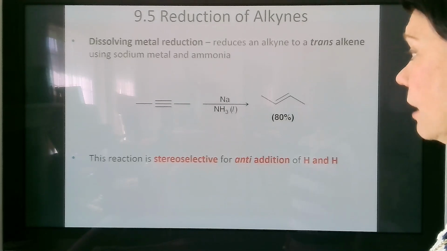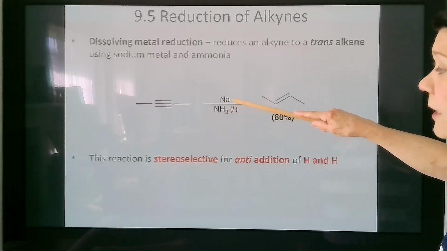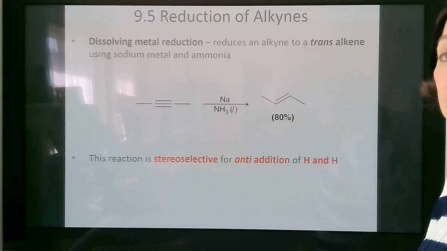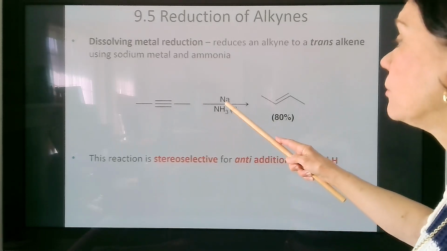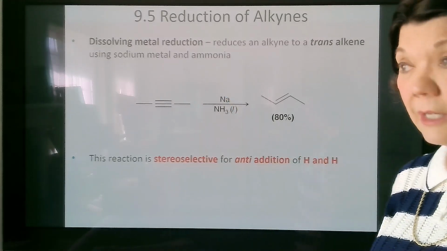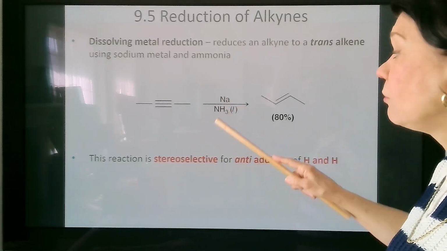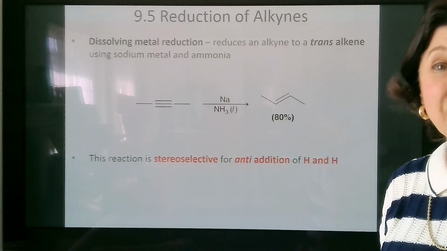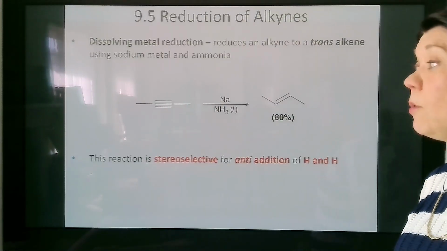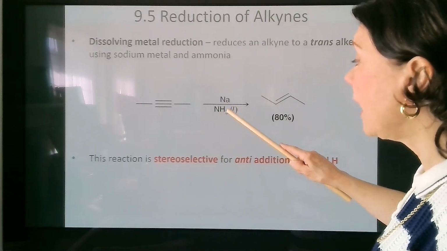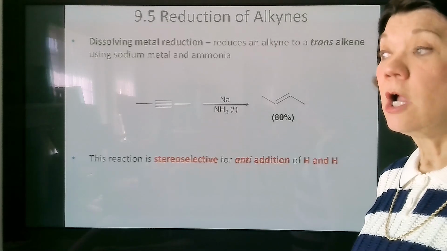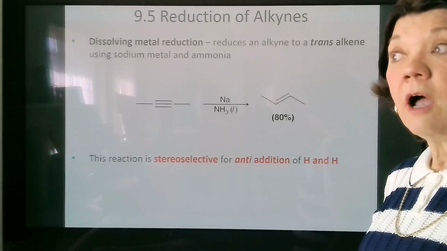Dissolving metal reduction. Notice you don't have a transition metal. You have sodium, and sodium is too small to complex anything of significance. Looking at these reagents, the only metal you have is sodium. You're not going to have anything complex to sodium, yet these reagents do effect addition of H2.